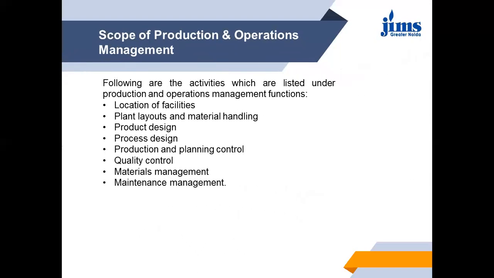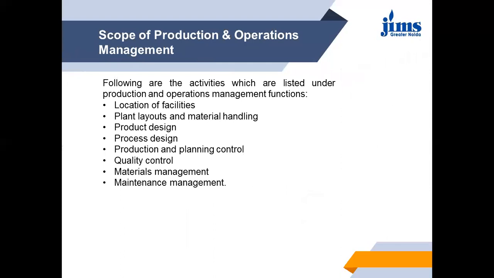A quick gist at the scope again. So location of facilities, like every production and operation manager has to take decisions related to plant location. There are several options available, but he has to make the right decision dependent on several parameters. So one such activity that falls under the scope of production and operations management is location of plant or location of facilities.